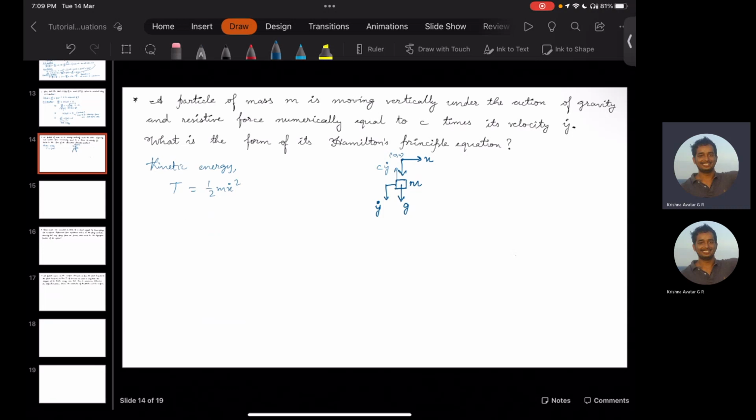Okay. And now what I'll do now is I'll construct the potential energy of this body. Okay.